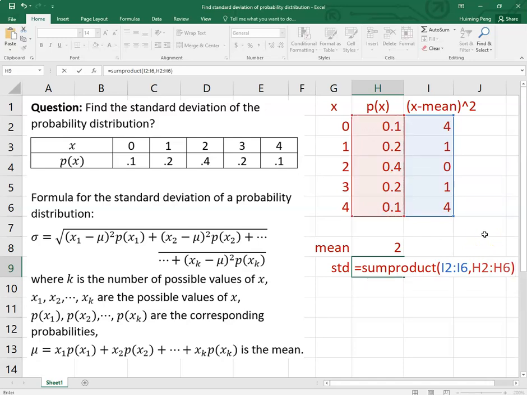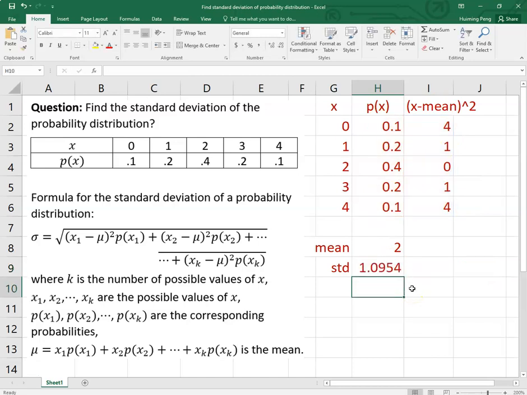That's the formula. I think I missed the square root, so let me put the square root at the beginning. SQRT is the function for square root, parenthesis. At the end we have one more parenthesis. See, that's the function we can use: square root of the sumproduct of this column and this column.